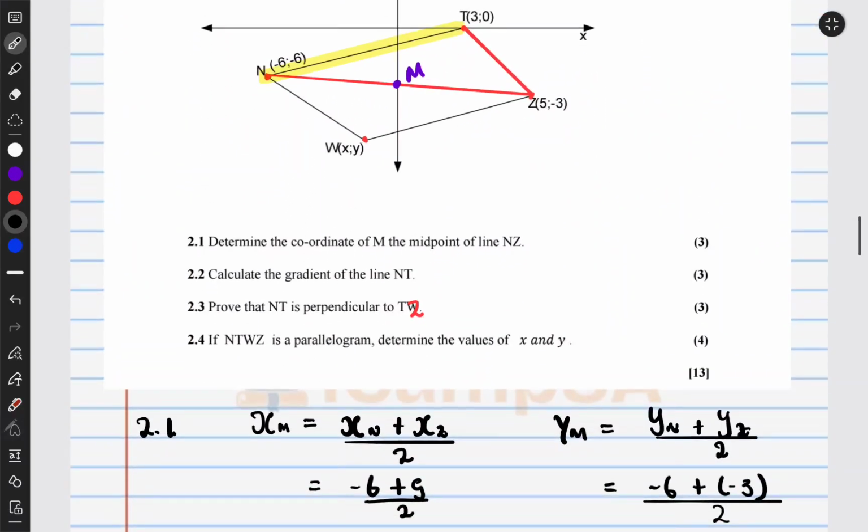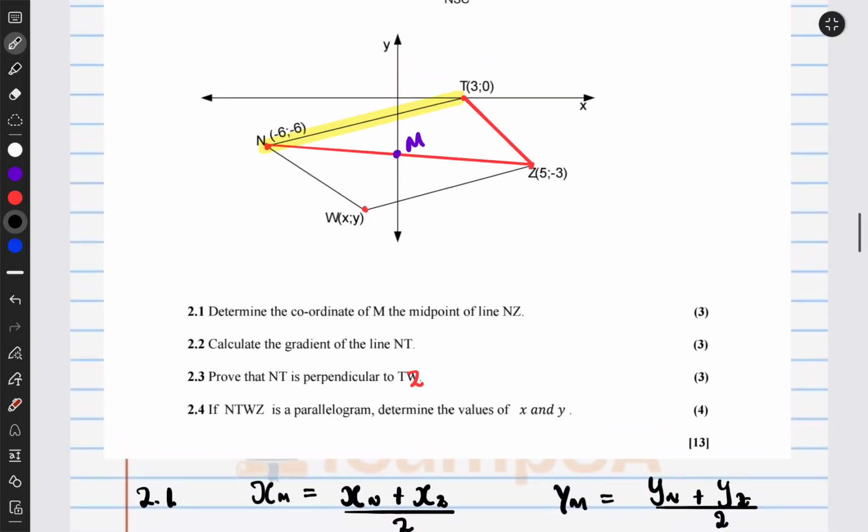Okay, and then next we are told that NTWZ is a parallelogram, and we are asked to determine the values of x and y. So this quadrilateral is a parallelogram, meaning this line is parallel to this line, and this side is parallel to this side.